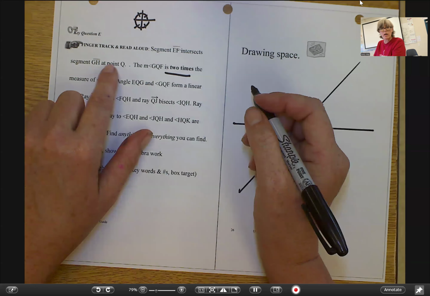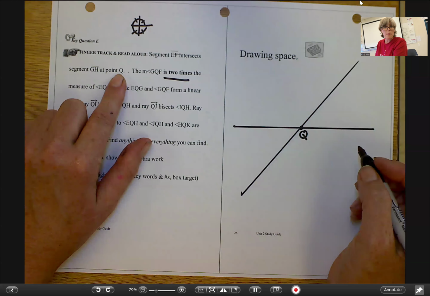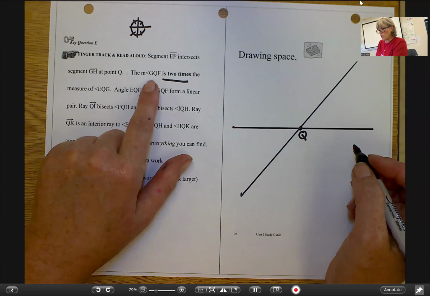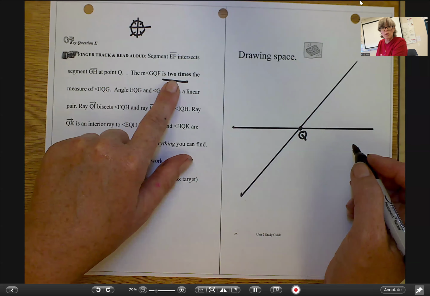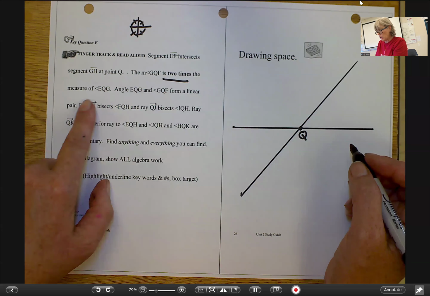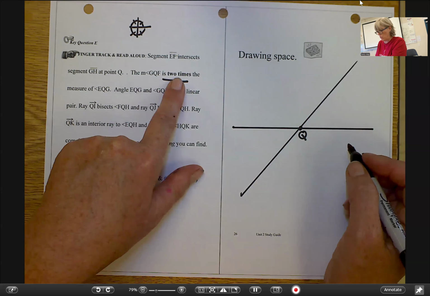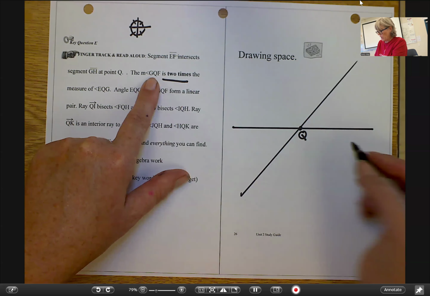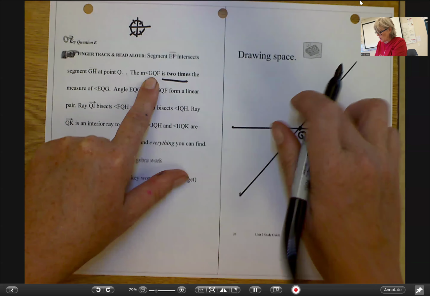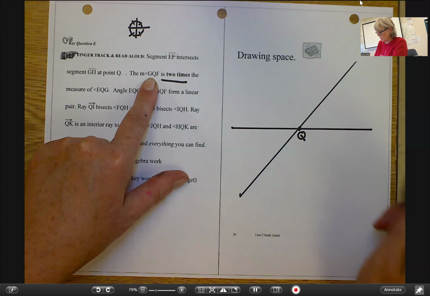So you look very carefully, they intersect at Q. So I know this is Q. And it says GQF is 2 times as big as EQG. GQF is the bigger angle. So our GQF could be one of these two angles. It really doesn't matter. I'm going to work down here.